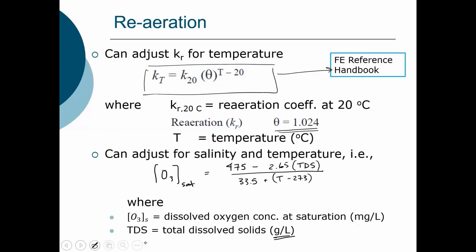Notice T is in Kelvin. So make sure you're using the proper units here. And this will allow you to adjust your DO sat level for TDS and for temperature.